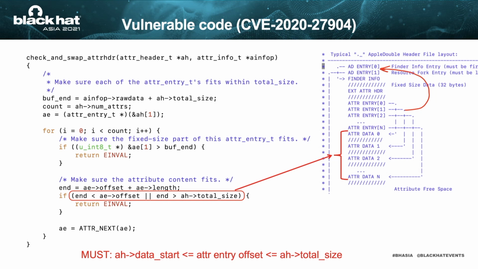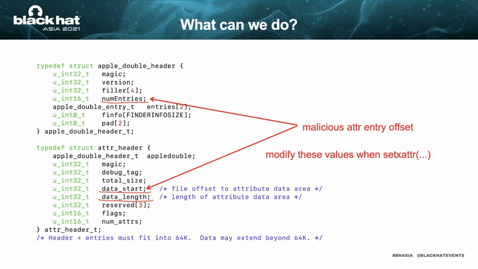It must be located in the valid data area too, that is, between data start and data end specified by the header. When offset is less than data start, attribute data will overlap with the previous data structure, such as struct apple double header or struct attr header.